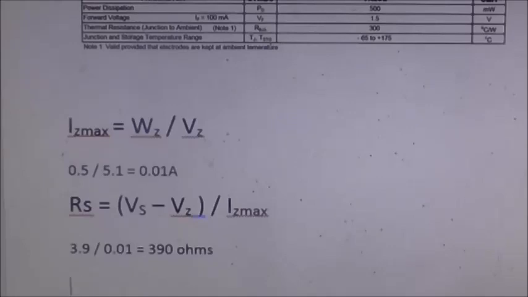Now, 390 ohms is not standard, and I'm using very, very crude E6s. So it's not even near a standard for E6. I could either go 330, in which case I stand a bit of a chance of blowing up the Zener diode, or I can go to the next one, which is 470, and take the current down a little bit. Now I'd rather do that because if I take the current down a little bit, I can always compensate for that by putting some sort of transistor stage at the output if I need it.